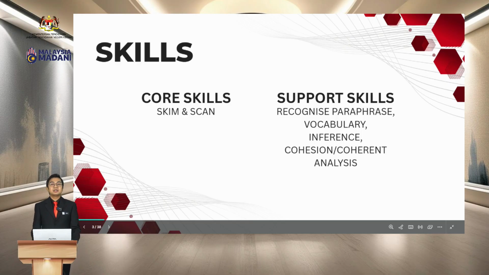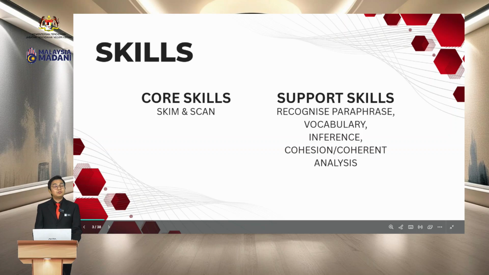And of course, to help us answer correctly, we also need skills such as recognizing paraphrase. We need to understand vocabulary, we need to be able to do inference, and able to do analysis in terms of cohesion and coherence.